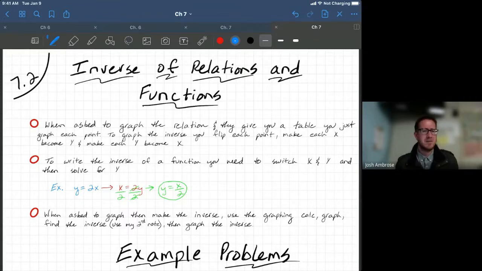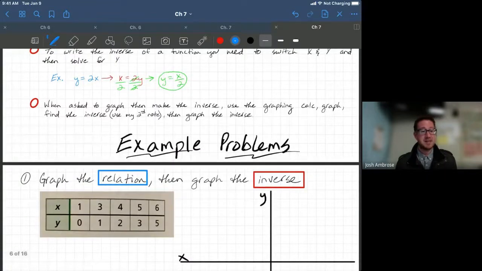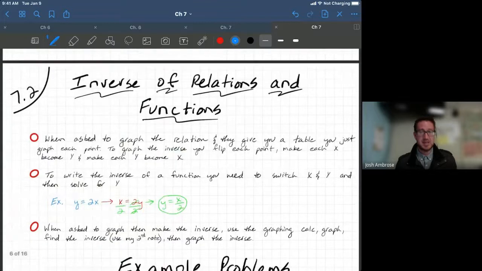You can see very minimal when it comes to our notes. It says even when you're asked to graph the relation, they give you the table. Here's how simple it is. Take a look at our first example. That's a table. Here's your x's, here's your y's. You're going to graph the points because you don't even have the equation.